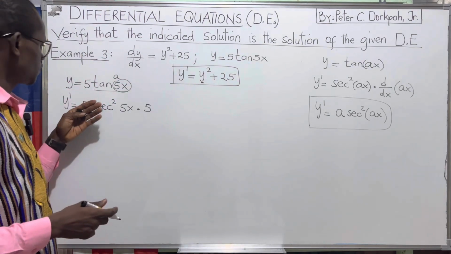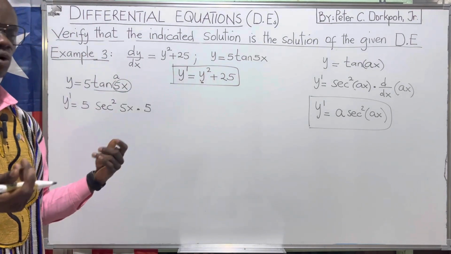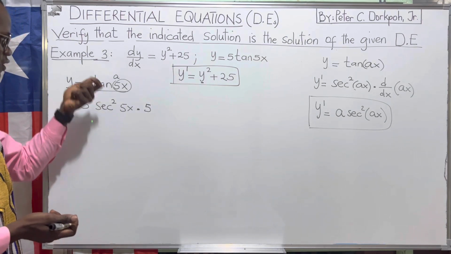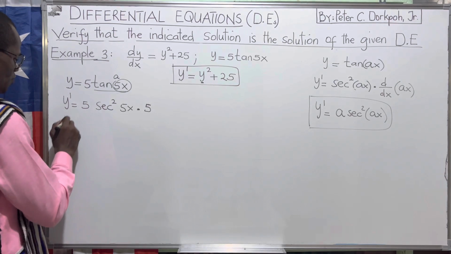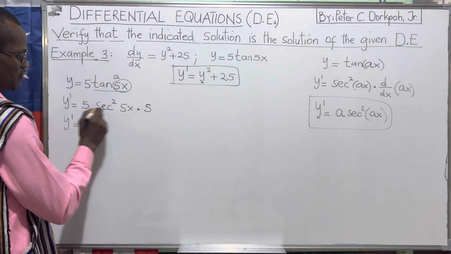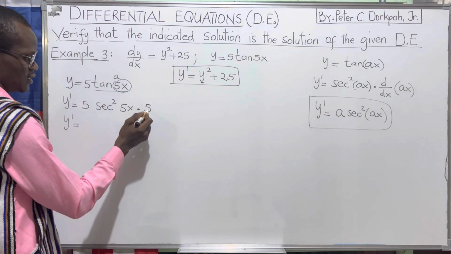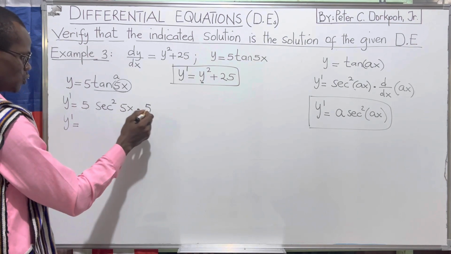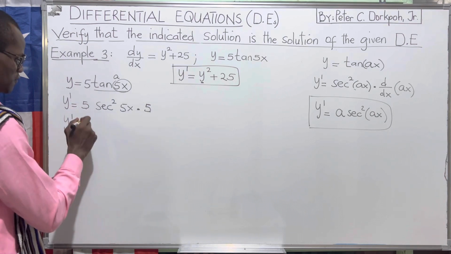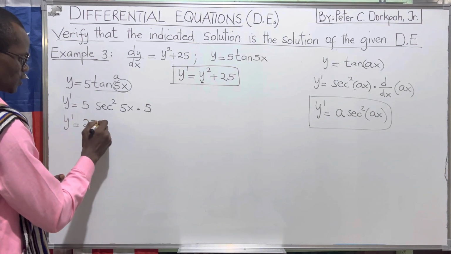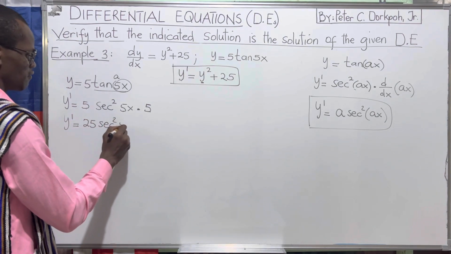You differentiate, then you differentiate inside, or we also call it the chain rule. So we have y prime now to be 5 times 5. You don't multiply this number by the angle. So we multiply it by the coefficient of the secant. So 5 times 5 is 25 secant square of 5x.